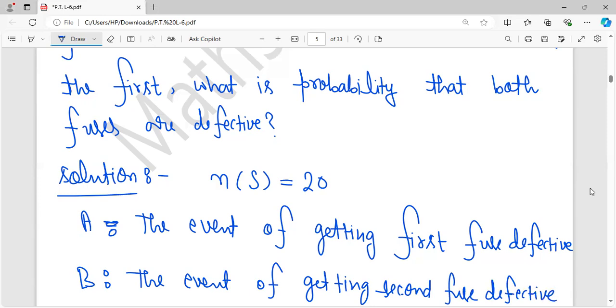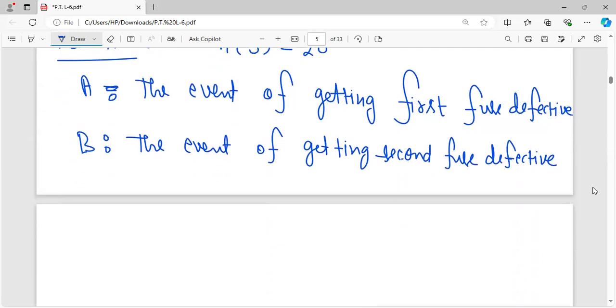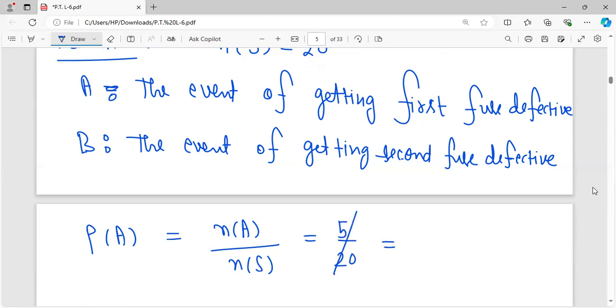So once the A event is done, suppose the first fuse is removed. The first fuse is done, and then it is not replaced. So what is the probability of A? We have 5 defective fuses, so 5 upon 20. So this is 1 upon 4.